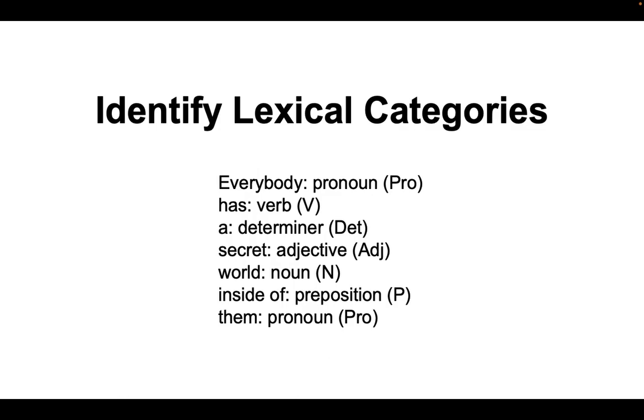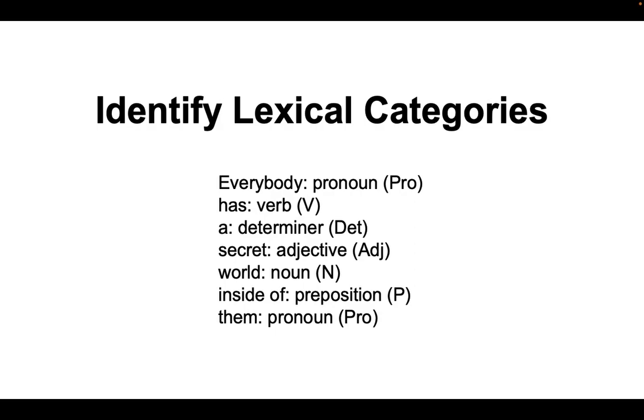All right, so one essential part of drawing a syntax tree is going to be showing the lexical category of each individual word in the sentence. So let's take a look at each word of this sentence and identify the lexical category of each word. Remember, lexical category is another word for part of speech, so that means identifying each word as a noun, a verb, an adjective, and so on.